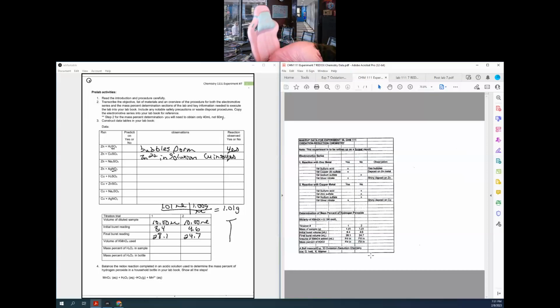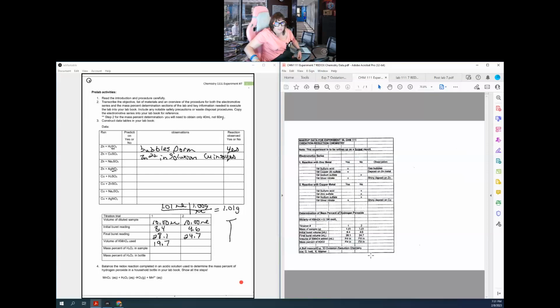So if I take my 28.1 minus 8.4, that gives me a volume of 19.7 milliliters that was used for that particular sample.